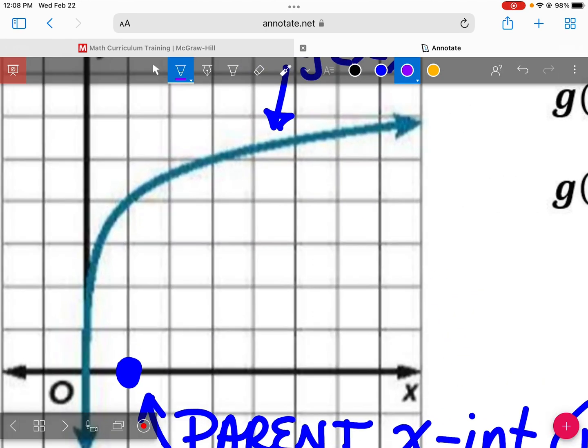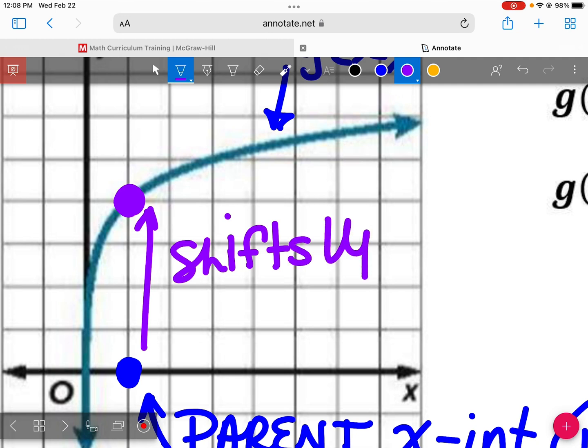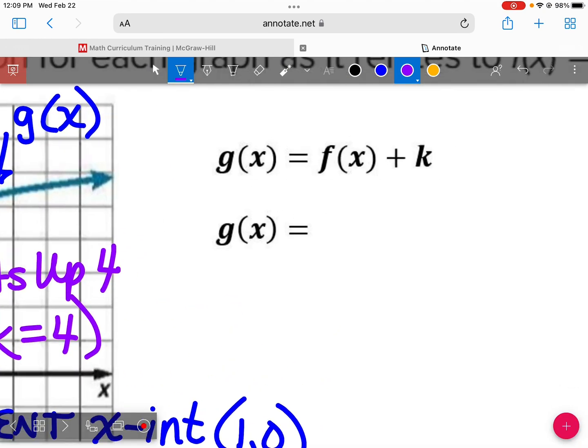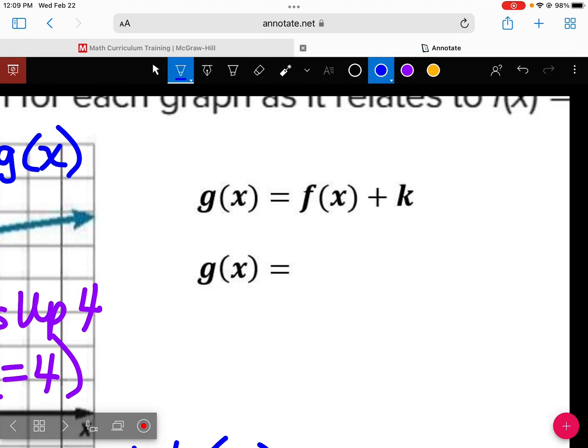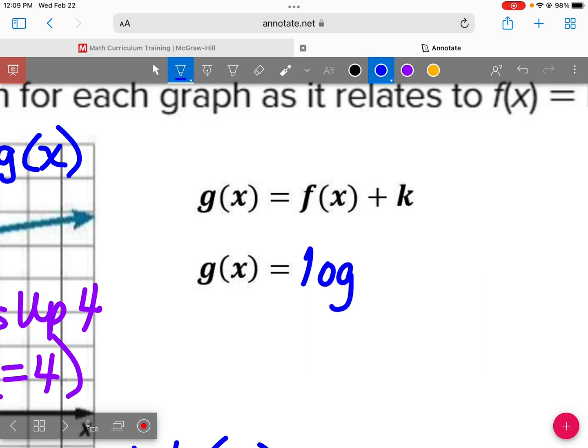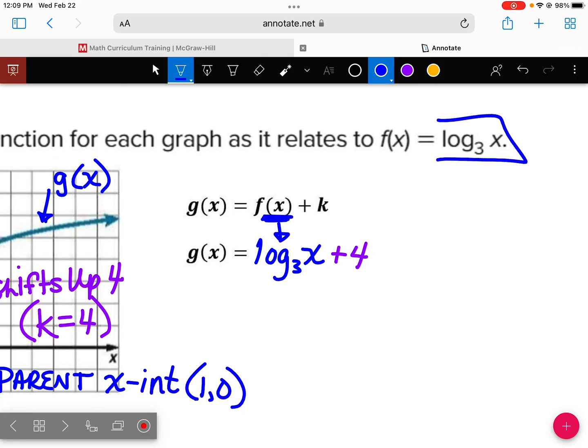How far did that point shift? Up 4. So what's our k value? Plus 4. Yep, it's a positive 4. So how would I write the equation for g of x? Log base 3 of x plus 4. This right here came from here.